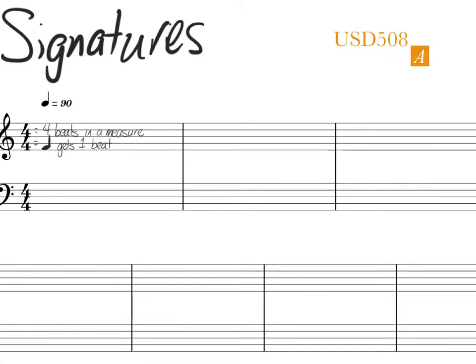So I'll write a new time signature right here. This one is 6/8. 6/8 is actually fairly common in other pieces of music, especially at the upper high school level. So 6/8, looking at the top number, means that there are 6 beats in a measure.